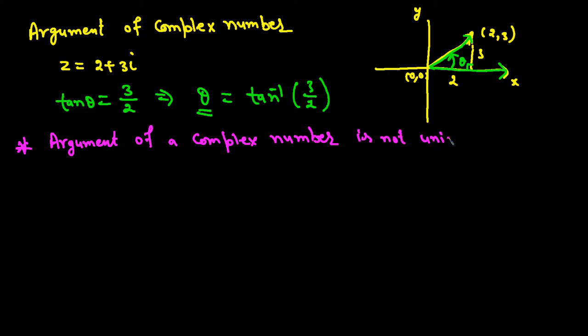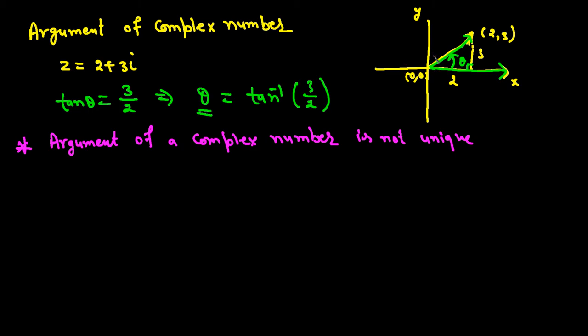That means the value can change, you can get multiple different values, because for this angle, one rotation is 2 pi. If I do another rotation, that's multiplied by 2, another rotation multiplied by 3. 3 times 2 pi, 4 times 2 pi.